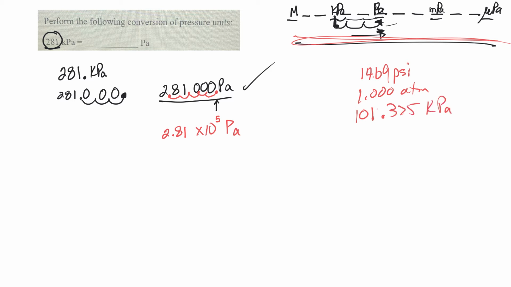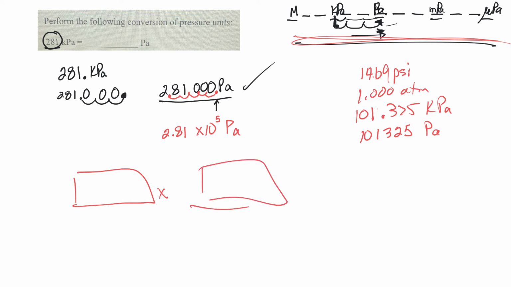So if you wanted to convert to pascals, it'd be 101,325 plain old pascals. So you could use that conversion method that we were doing in class, where you say, this is what I have, multiplied by what you want over what you've got. You could do that too.